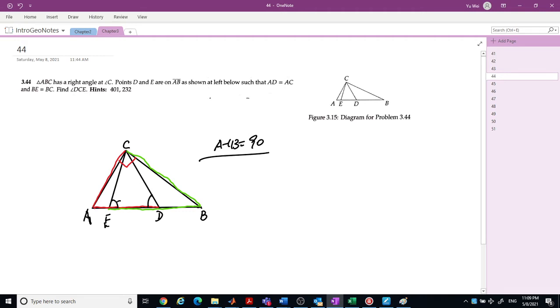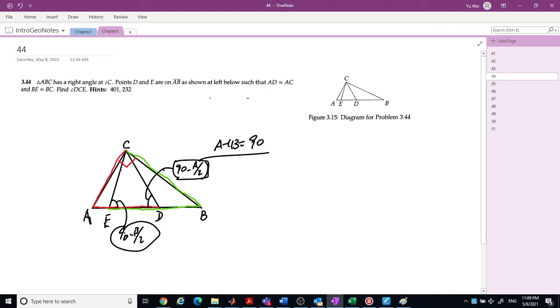Because BCE is an equilateral triangle, this angle is 90 minus B over 2. ACD is an equilateral triangle, so this angle equals 90 minus A over 2. This angle is the external angle of these two.